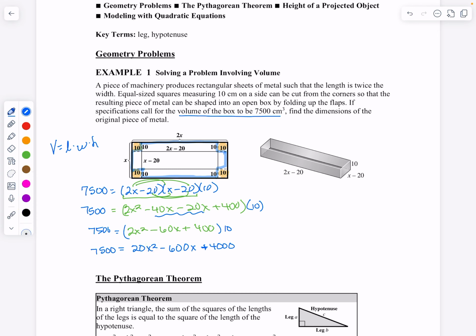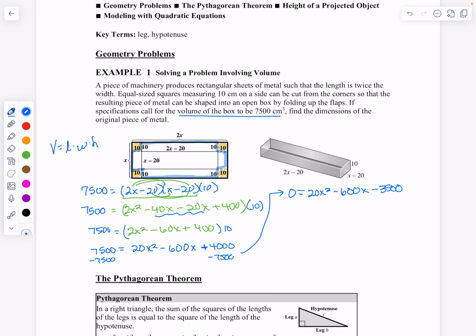So I'm going to move my 7,500 to the other side, and I'm going to wind up with 0 is 20x squared minus 600x minus 3,500.